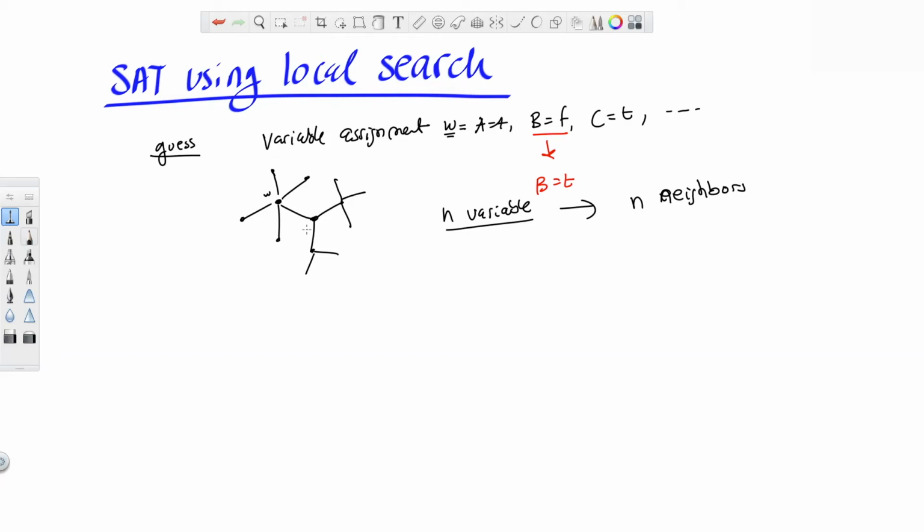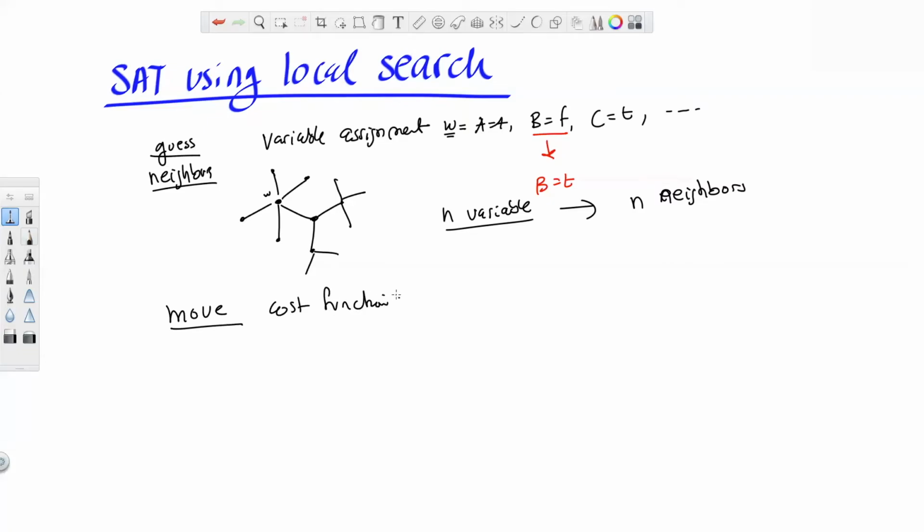Now, this is guess and neighbors. The question is, what do I do? Which one do I pick? And this is the notion of a move, which is how do I select a neighbor to go to? Here you have variations, but typically what's involved is the notion of a cost function.